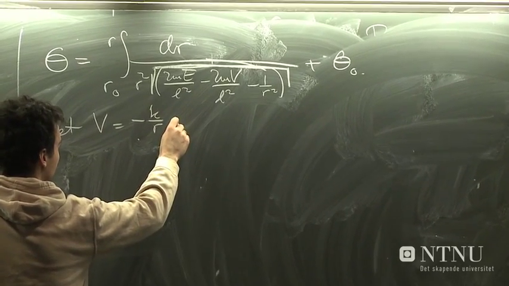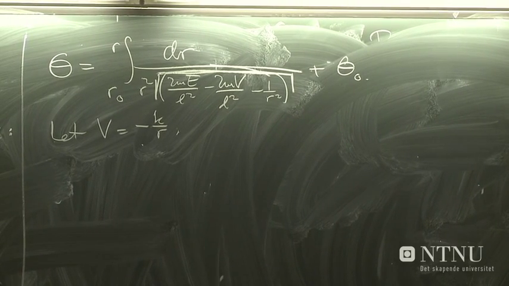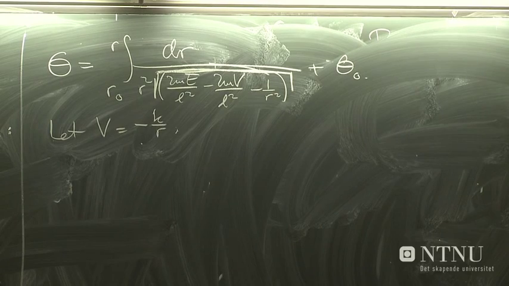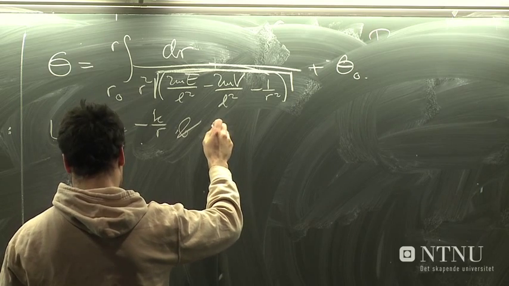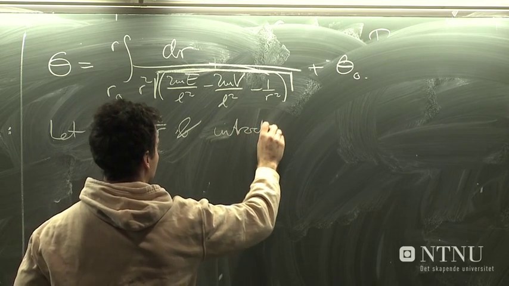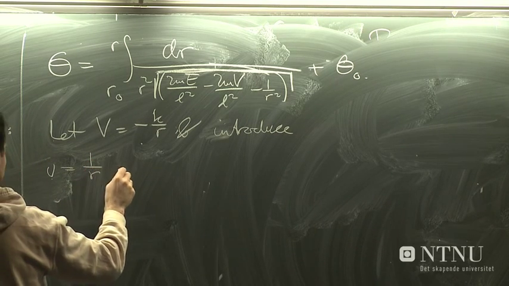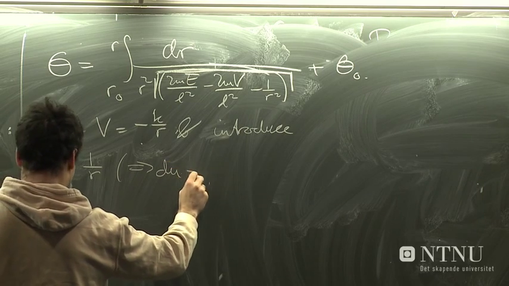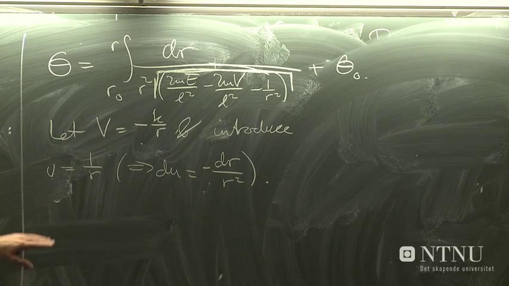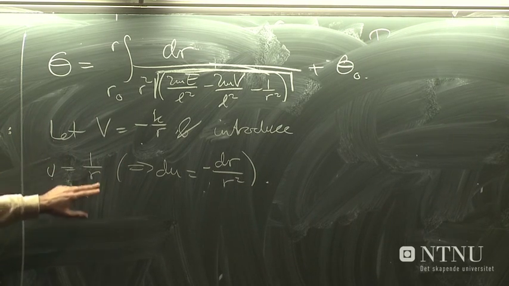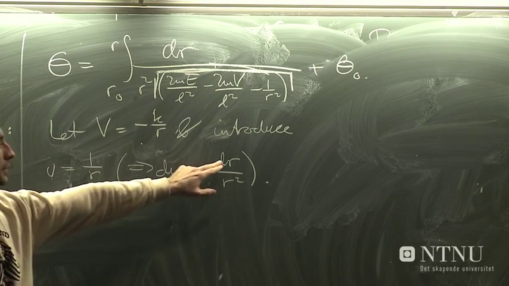So we let V equal minus K over r, and then perform a change in variables to be able to solve this integral. Because if we introduce this variable, we're able to get rid of this pesky r squared here, since the differentials of u and r are related by this factor.